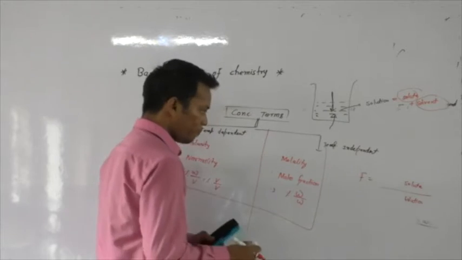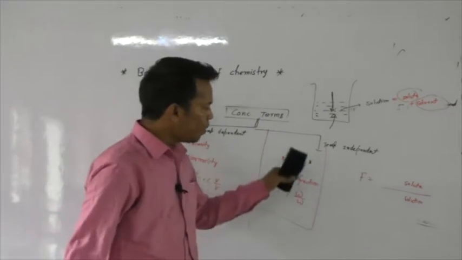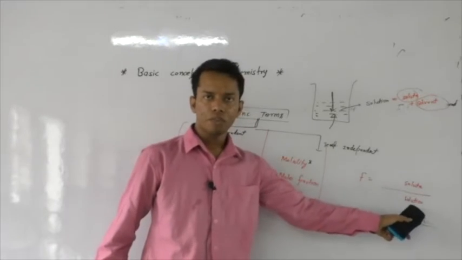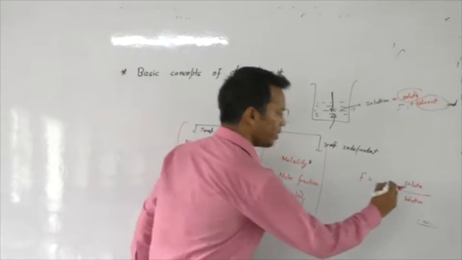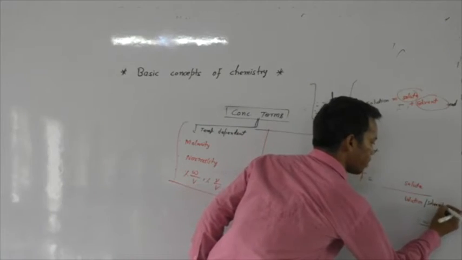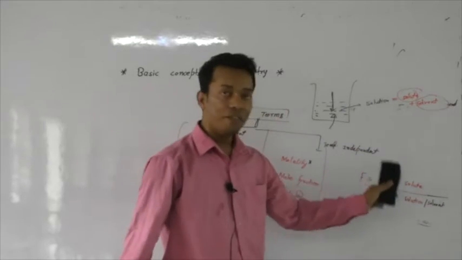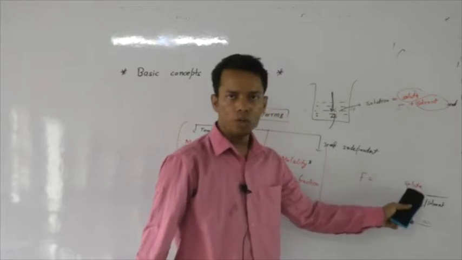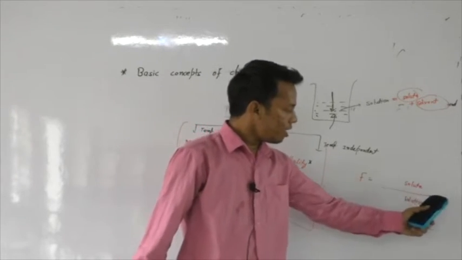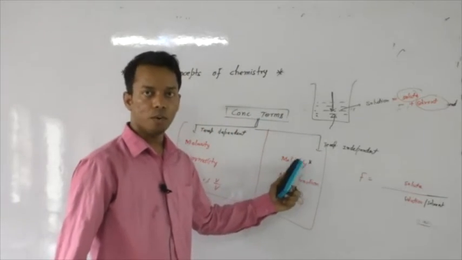Except one formula, that is molality. In the case of molality, here solvent will come, okay? Are you getting my point or not? In every formula, in the numerator you will see solute, in the denominator you will see solution, and solvent you may see only in the case of molality.